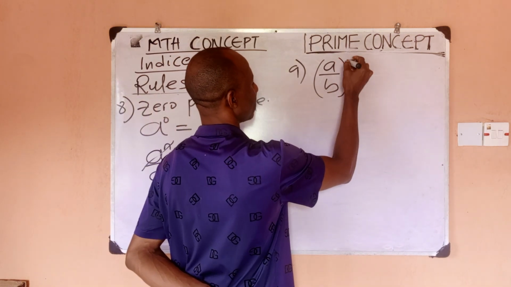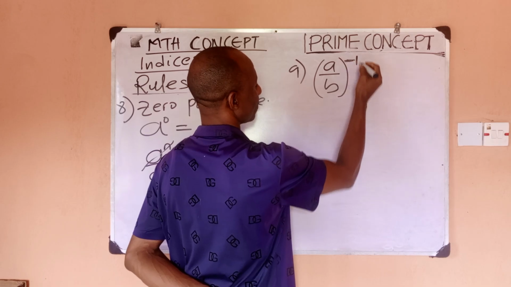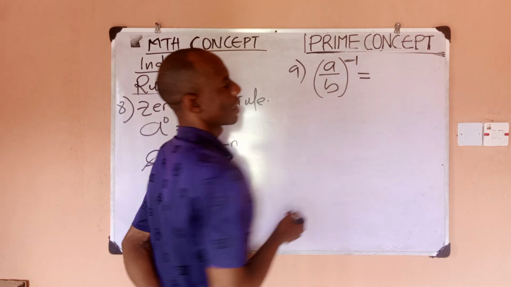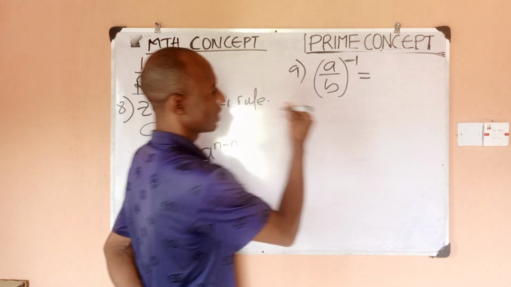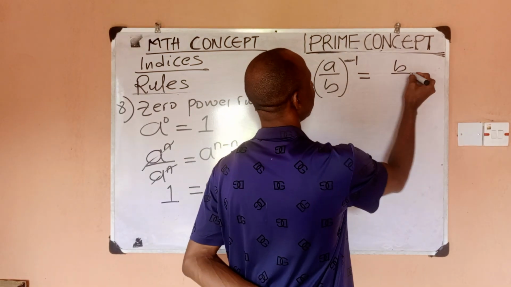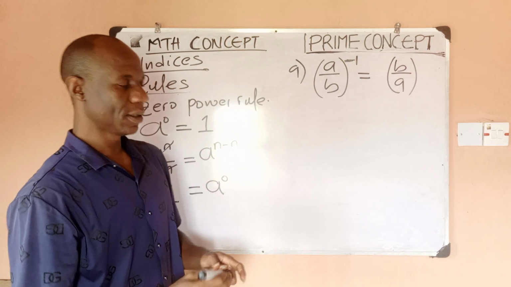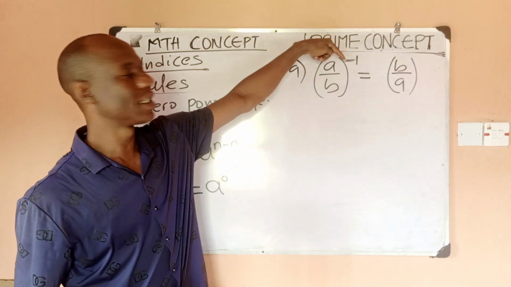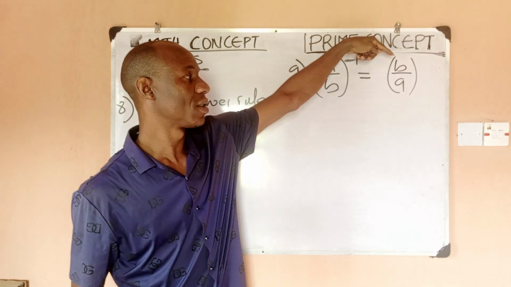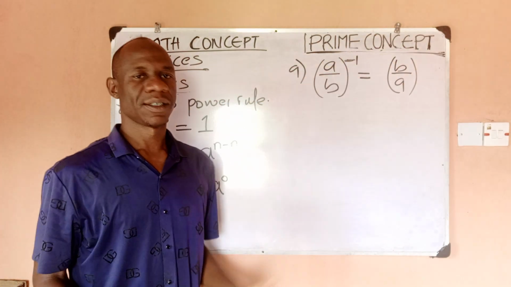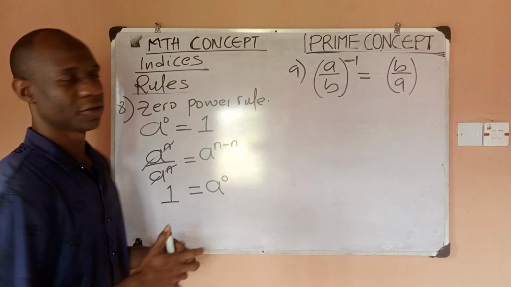This can actually be written as B over A. So A over B to power negative 1 can be written as what? B over A. So this, I believe, is clear.